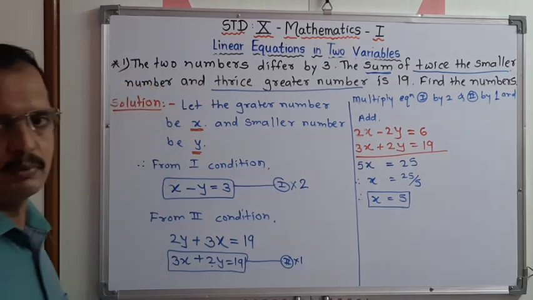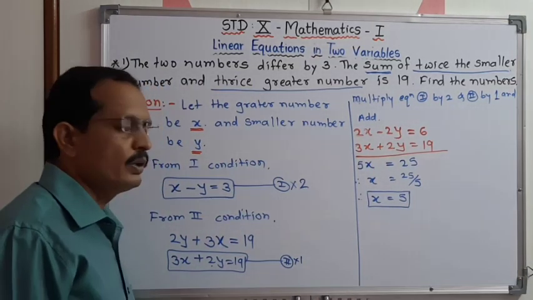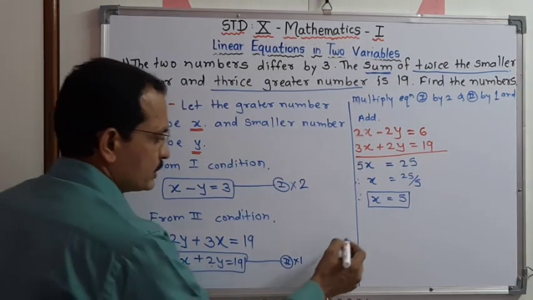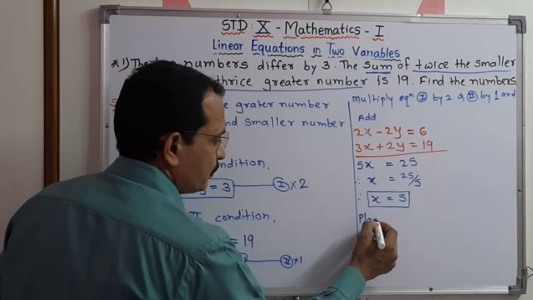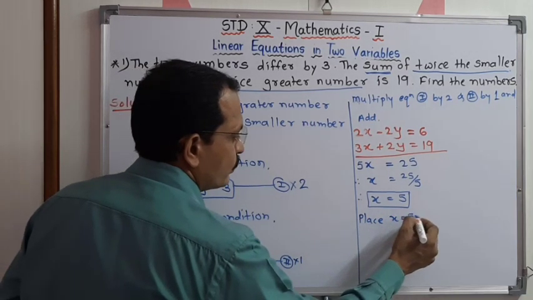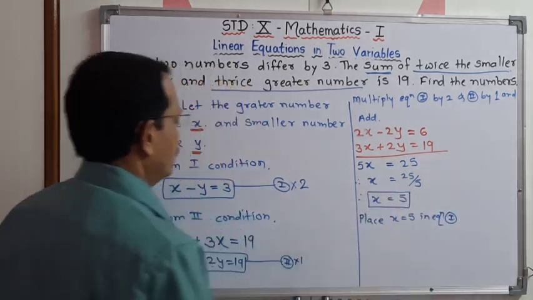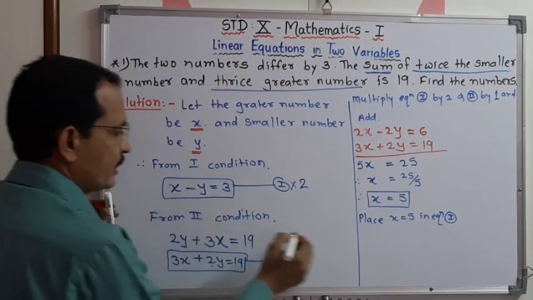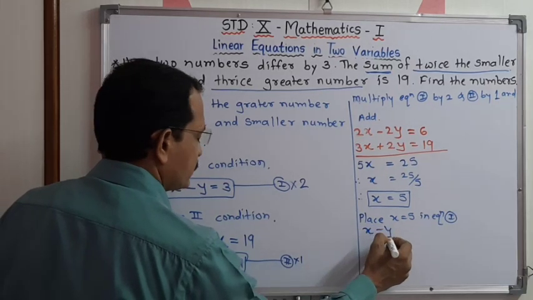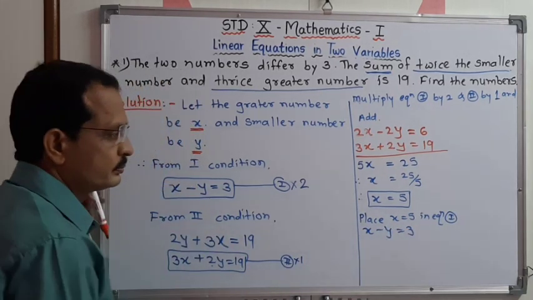Now we get one number, we have to find out the second number. For that purpose, all of you know, place x is equal to 5 in equation first. Now see the equation first. It is x minus y is equal to 3.